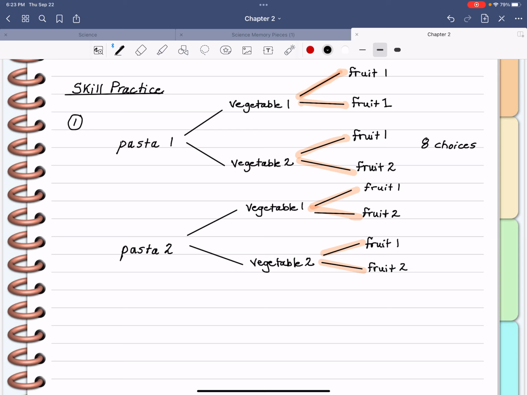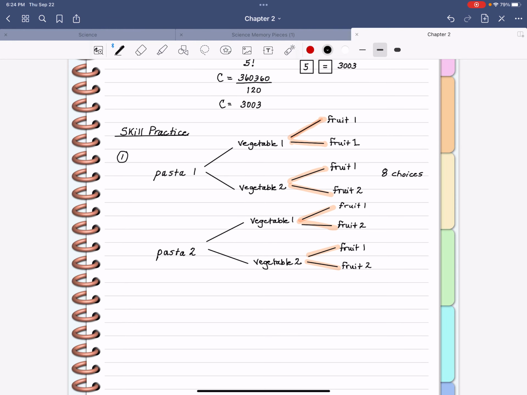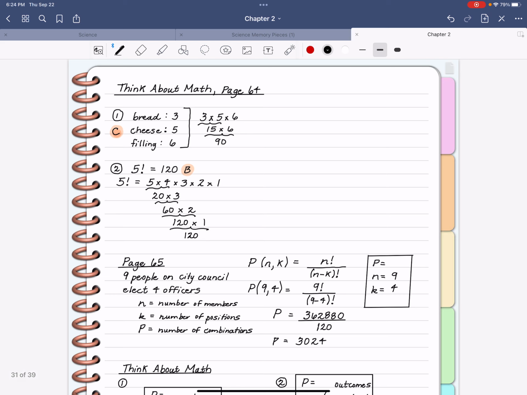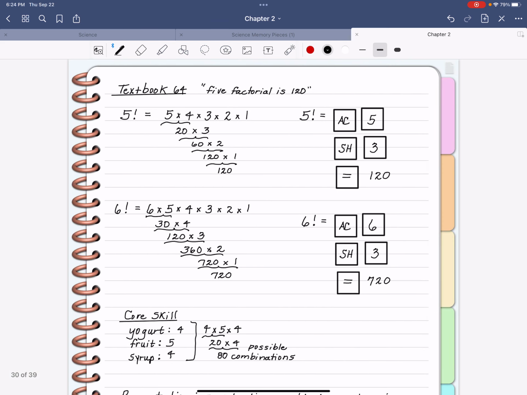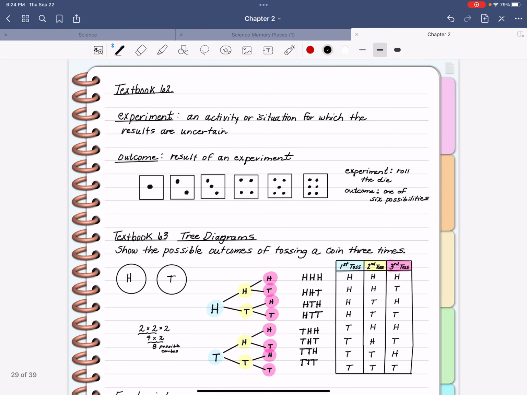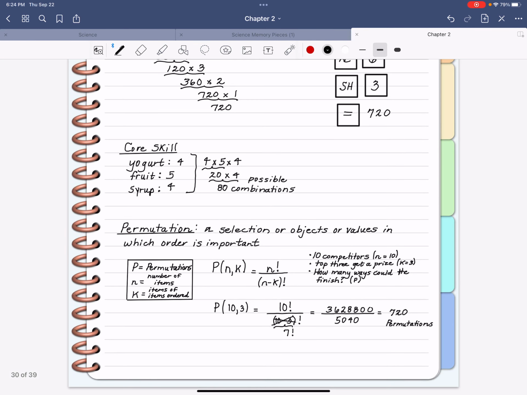Now, I want to remind you of something. And bear with me. Let me flip back in my notebook here to page 64. Remember that thing we called the, please tell me I wrote it down. 64, the core skill.